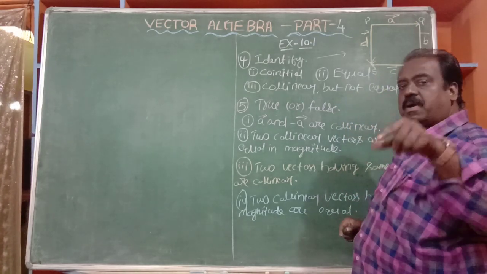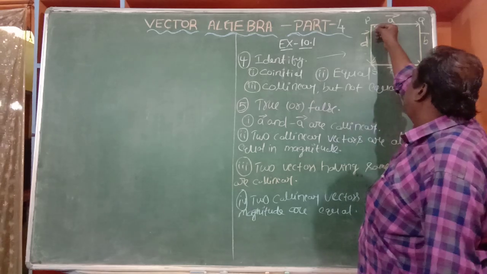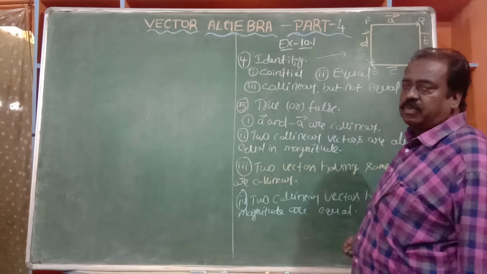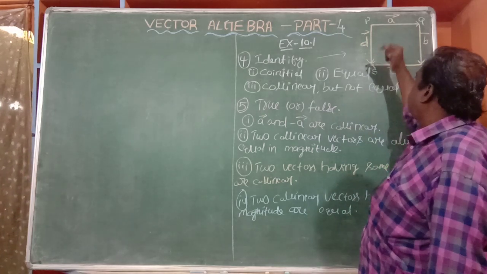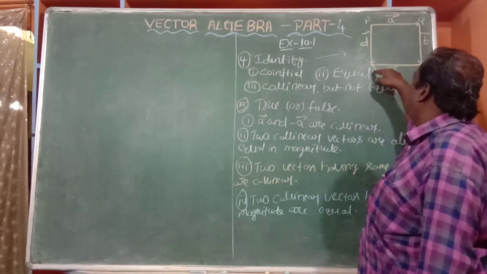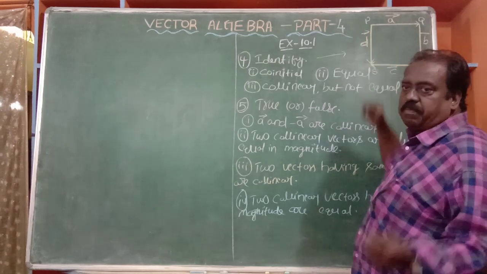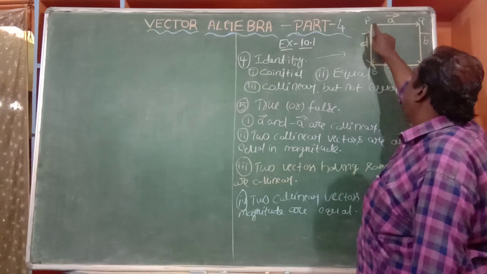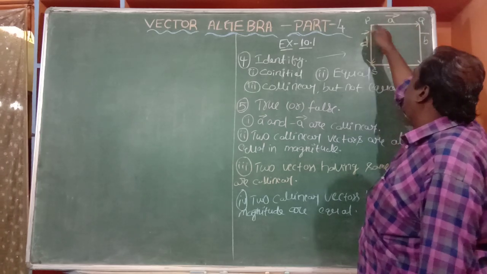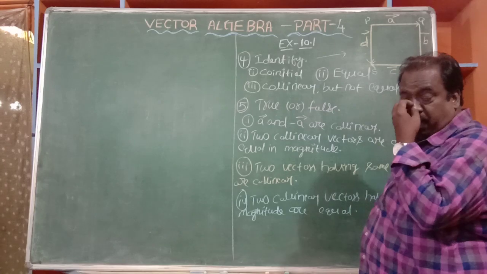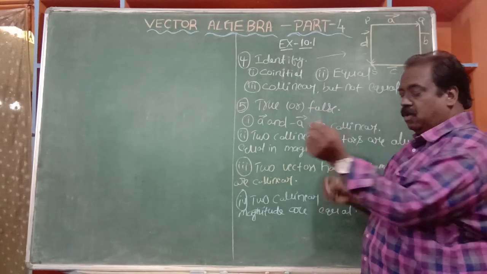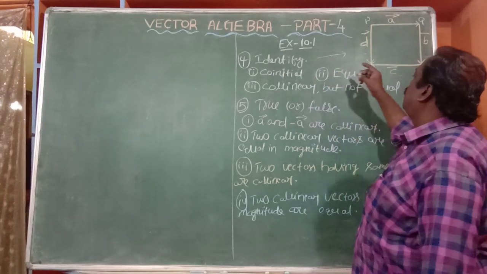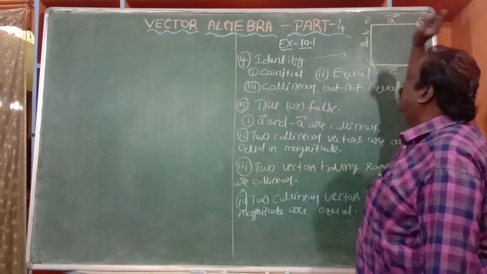Again, PS bar, initial point, terminal point, is also denoted by a single letter D bar. PQ bar and PS bar have the same point P as the initial point. So coinitial vectors means A bar and D bar.